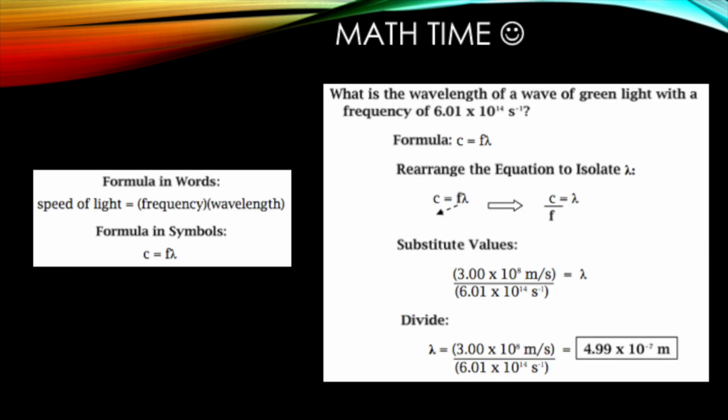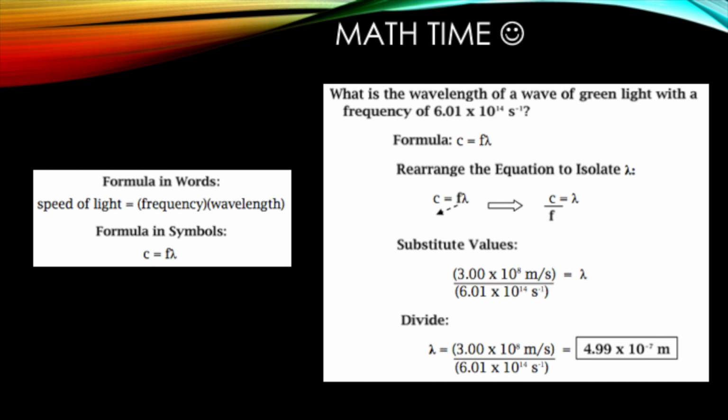All right, now it's time for some math. This math looks really intimidating because of the scientific notation, but it's just basic multiplication and division, nothing stressful. So the first formula we're going to work with is right here for you. It's the speed of light is equal to the wavelength times the frequency.